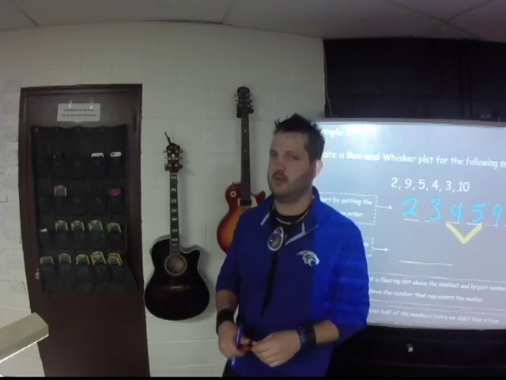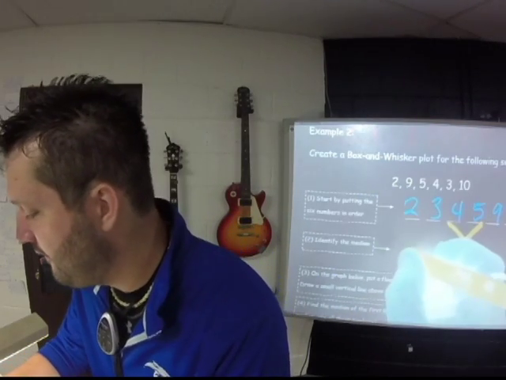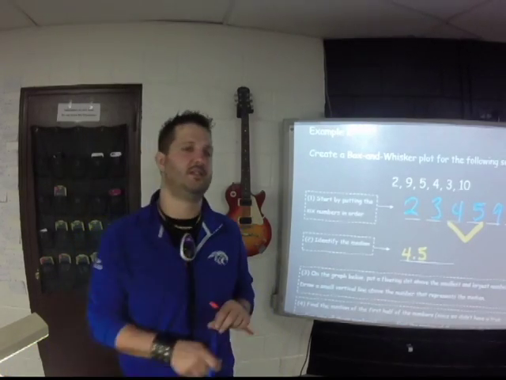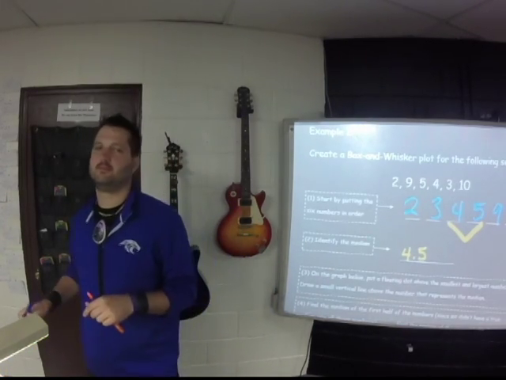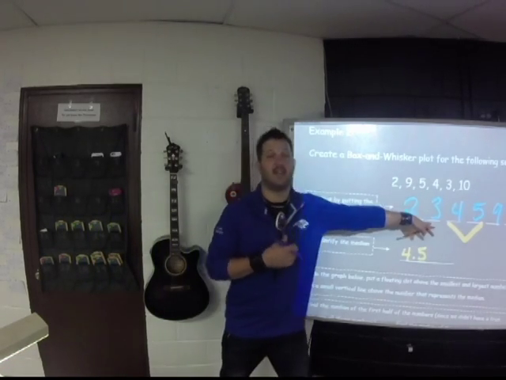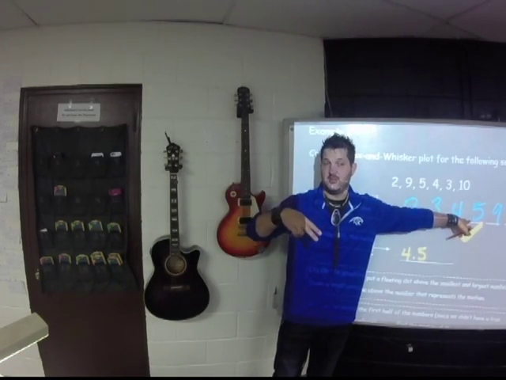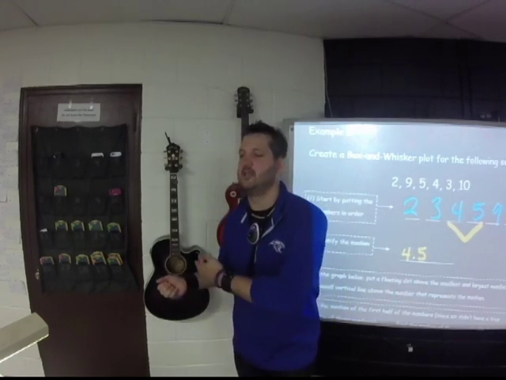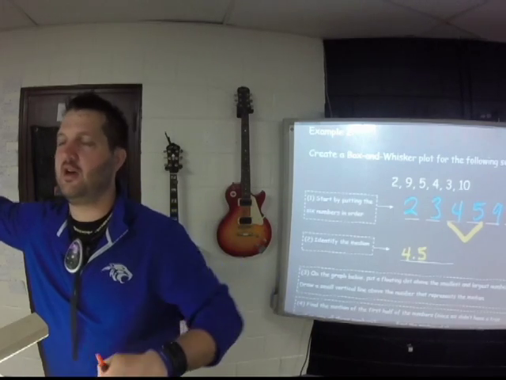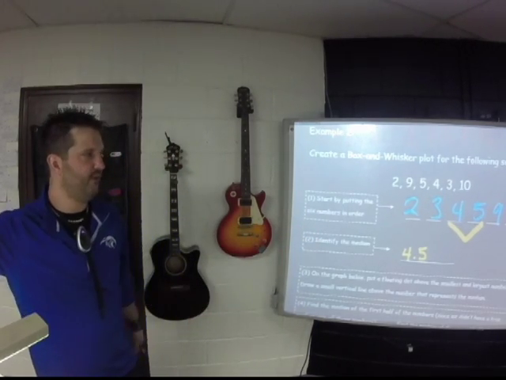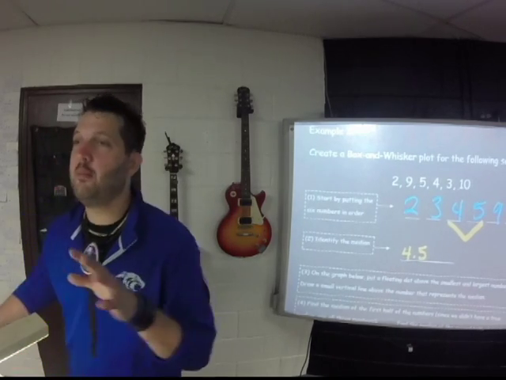So what is it? 4.5. And remember, if this was harder, what would we need to do with these numbers? Add them and divide them by 2. Add them up to make it 9, divided by 2, and you get 4.5. So if you had crazy hard big numbers, you might do that. But we can see between 4 and 5, it's 4.5. That's your median.